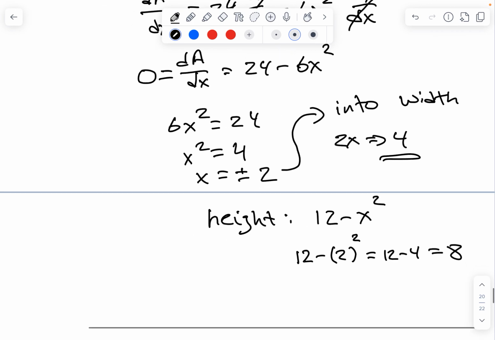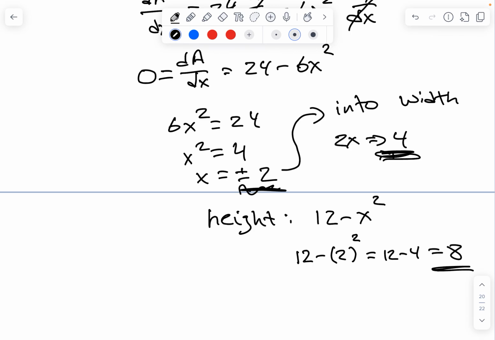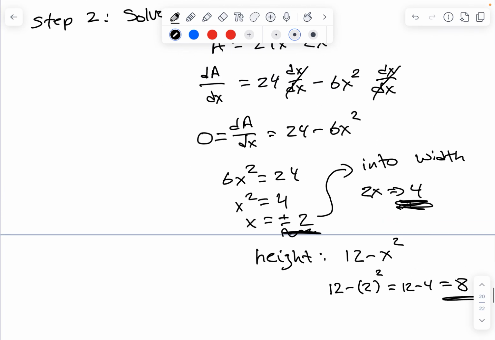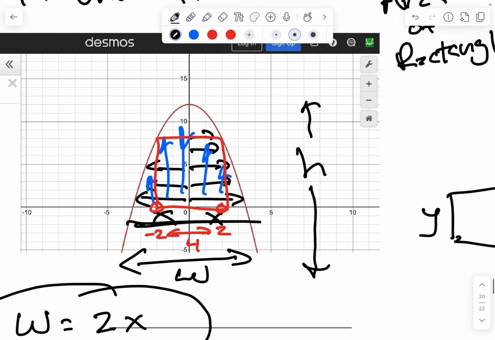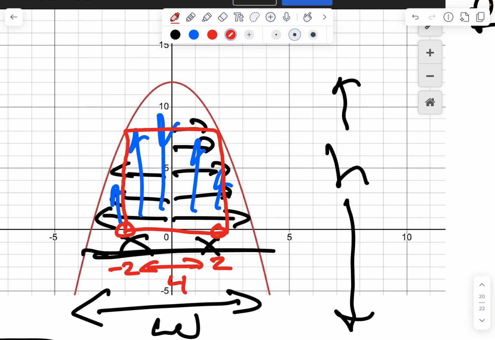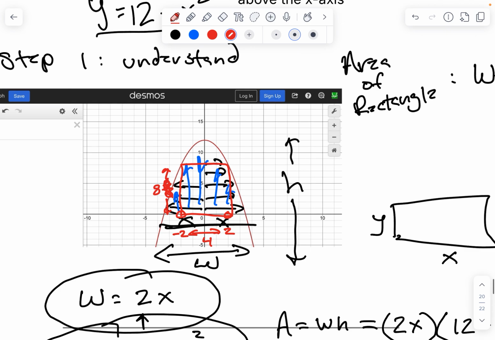So the height is 8, and the width is 4. So that means, going back to this rectangle, the biggest that we can draw is 4 on the width, 8 on the height. And that is the biggest rectangle that we can fit within that curve.